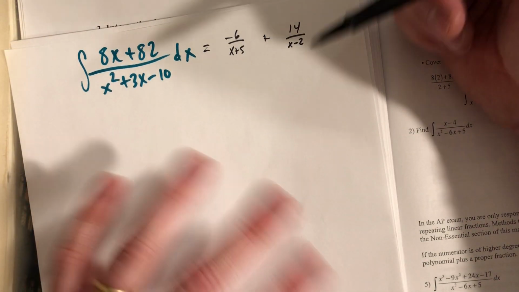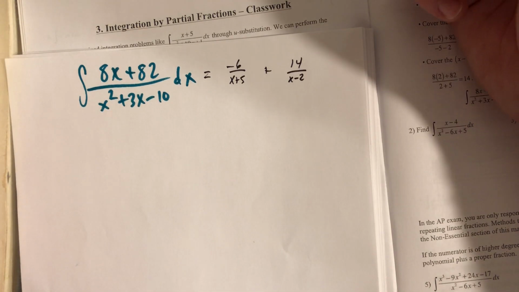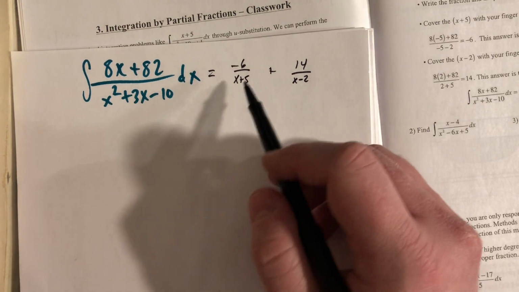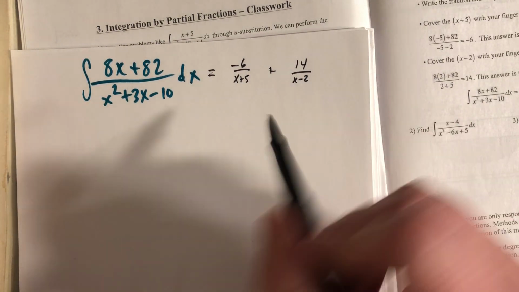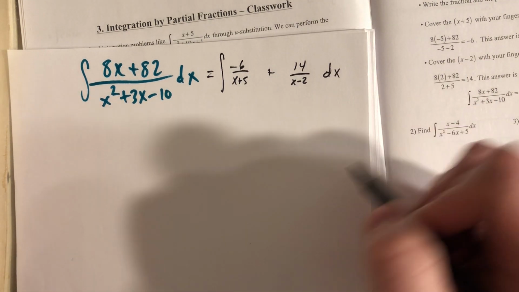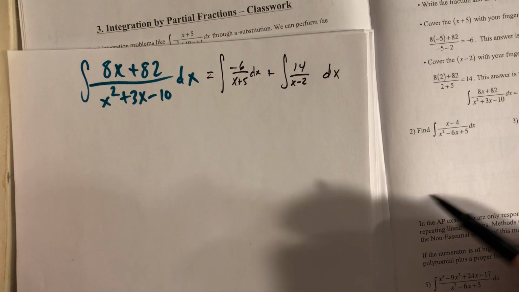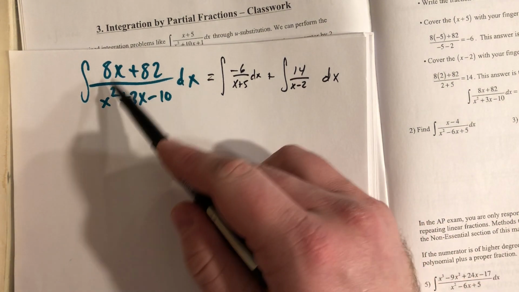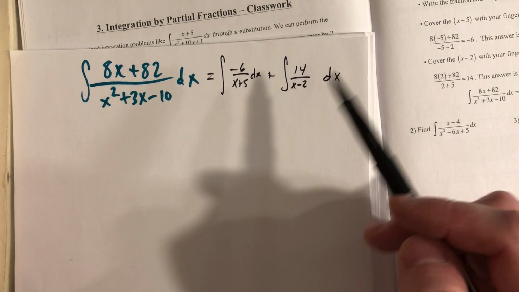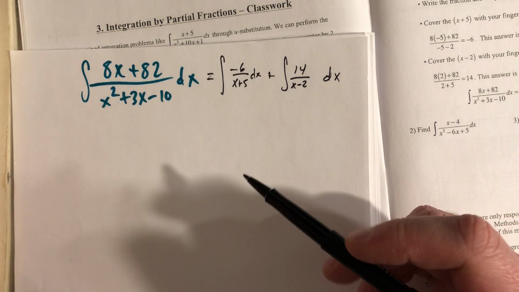The integral of the sum is the same as the sum of the integrals. So I could say this and this are the same, or I could just look at them individually. But I broke this up into that; they are the same thing. If we combine these two fractions, we would end up with what we started with.